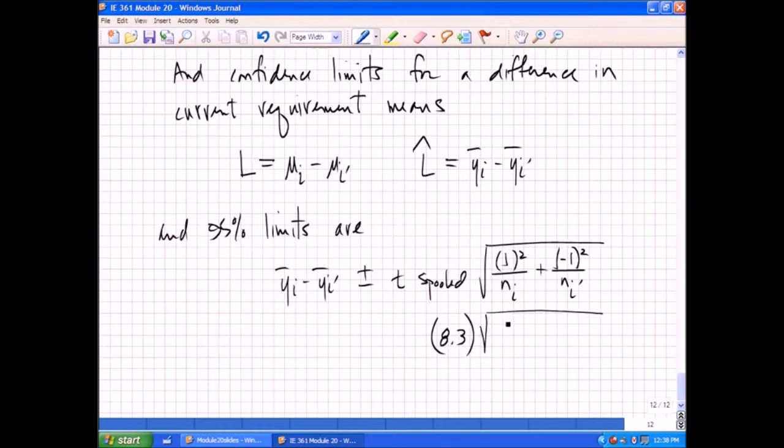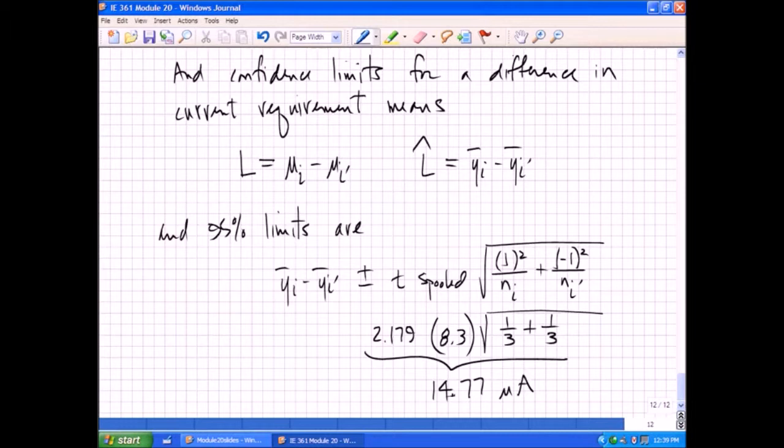We've got all of these sample sizes being 3, so I'll have a third plus a third underneath the square root. Using the same t-value, 12 degrees of freedom, upper 2.5% point, I've got here 2.179, and when all is said and done, this is about 14.77 microamps.